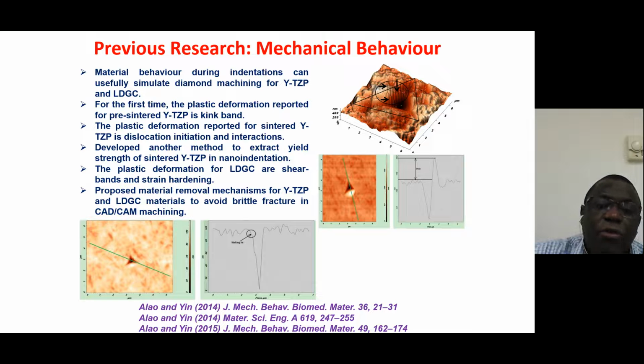Indentation is just that you use an indenter in the form of a diamond or tungsten carbide or steel to indent the surface of a material, and the resistance to indentation is influenced by the mechanical properties of the material.